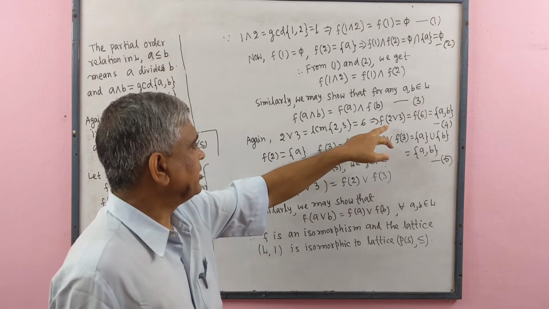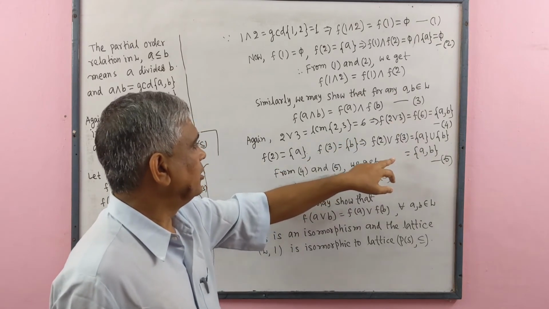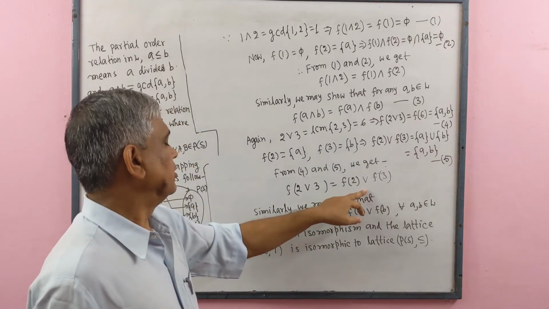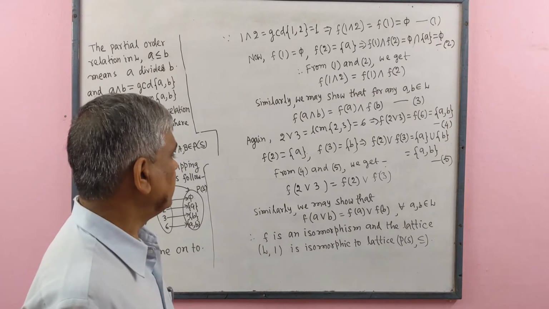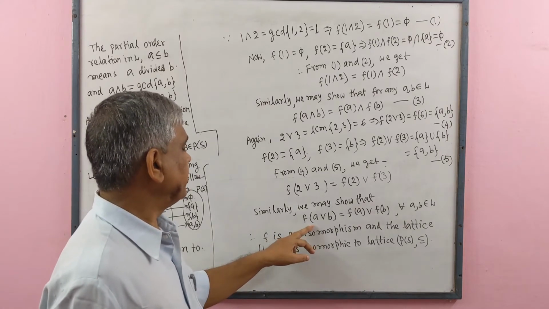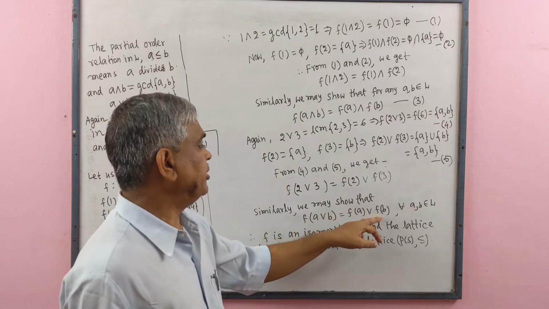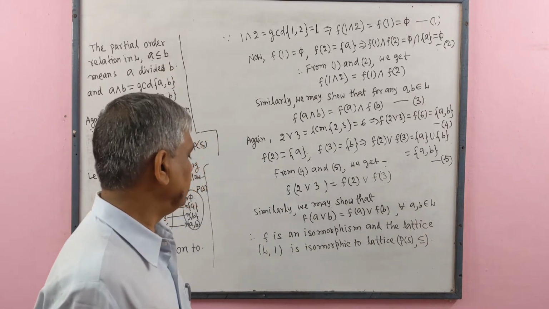So on the left side f(2 join 3) equals f(2) join f(3). Similarly, we may show that f(a join b) equals f(a) join f(b) for all a, b belonging to L.